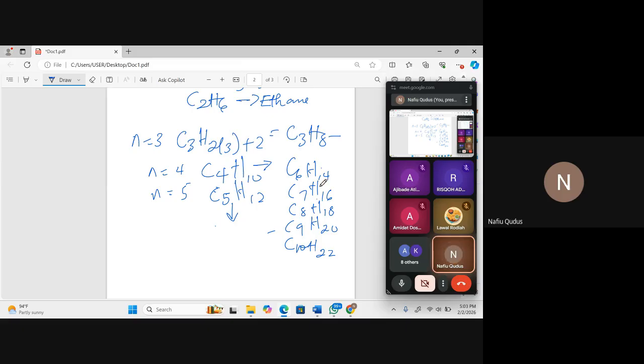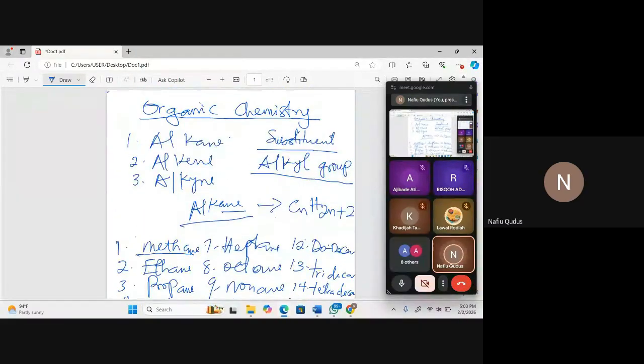C7H16, heptane. C8H18, that's octane, nonane, and decane. These are what we have for the alkane family and so on and so forth. So now, to proceed, we know in organic chemistry we have different names.